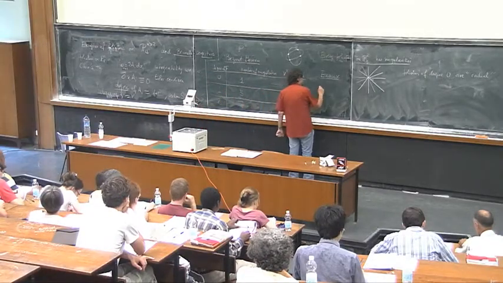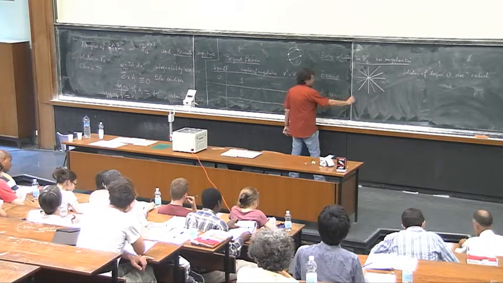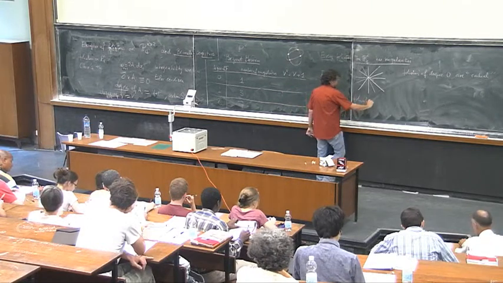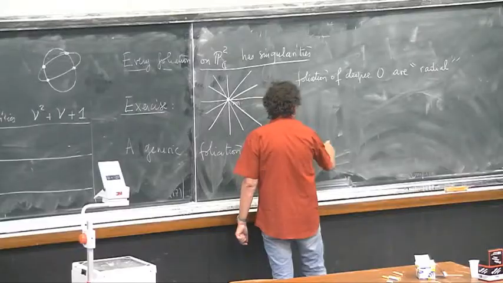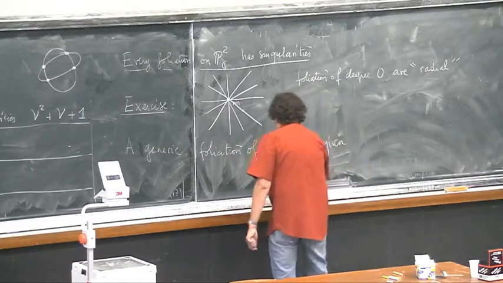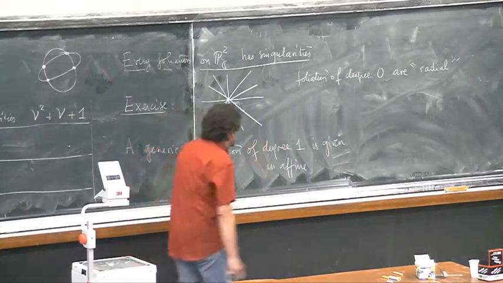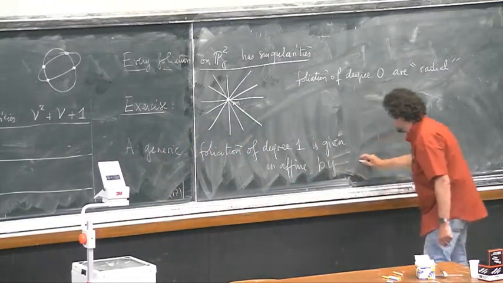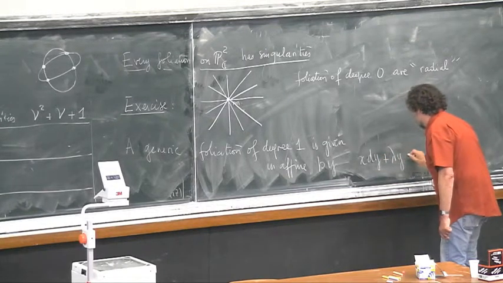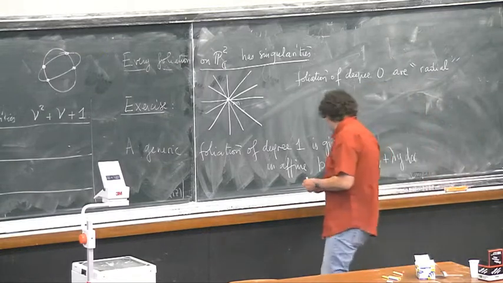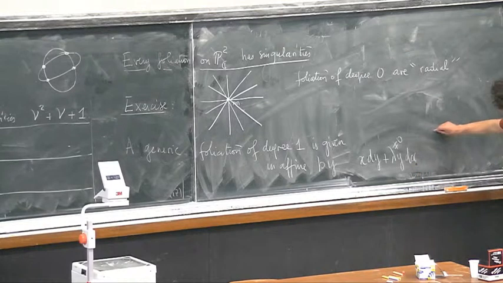Foliation of degree 1, a generic foliation of degree 1, is given, in an affine chart, by a linear example of this type. For this foliation, this lambda is not 0. You have two axes.